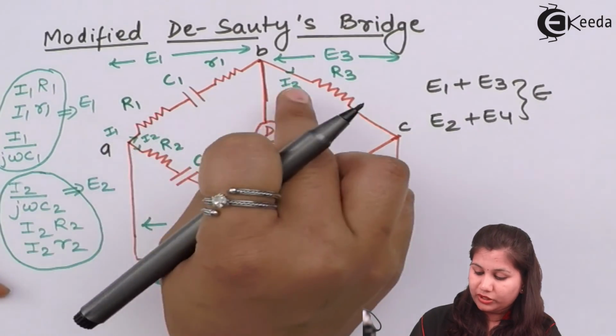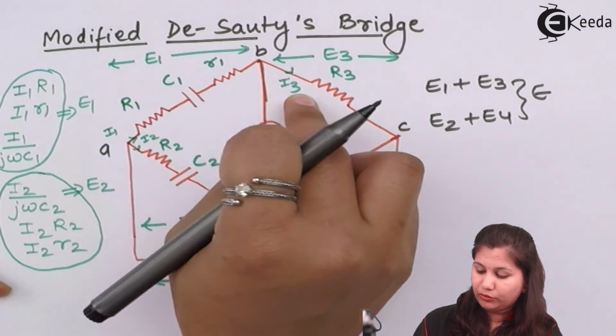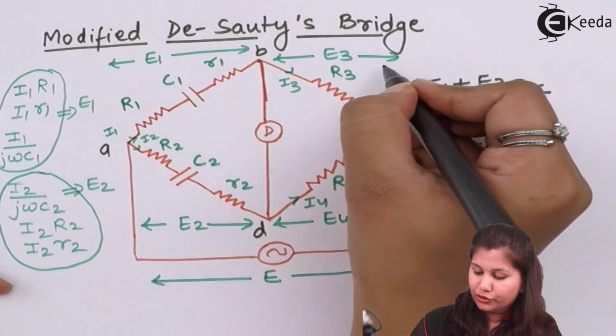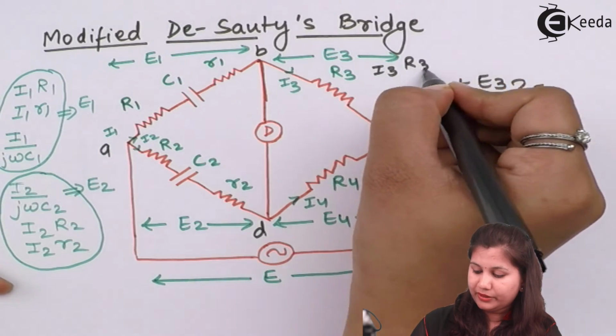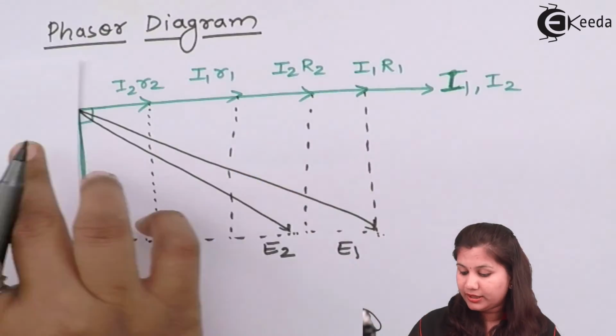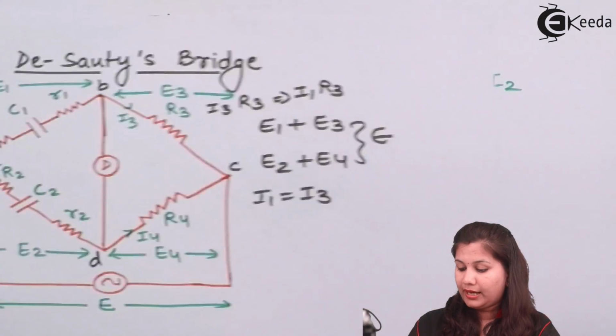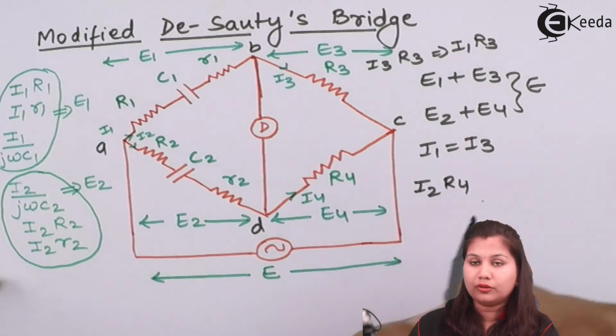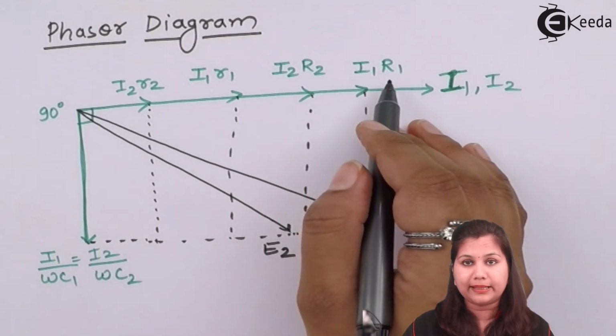Now if we talk about this, I1 is also equal to I3. So voltage drop I3 R3 can be written as I1 R3, that is on this same line. Okay, and here we can write it as I2 R4. Okay, that is on the same line.